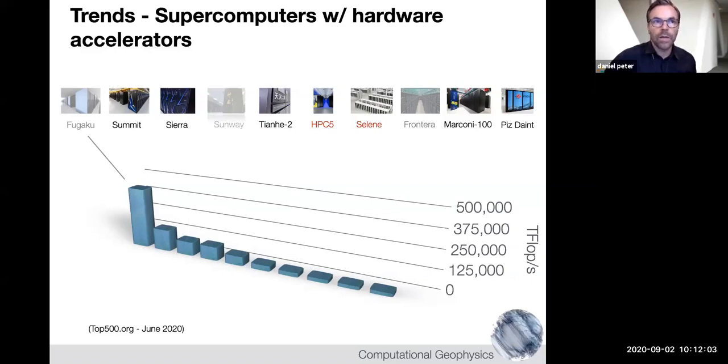And KAUST is in the phase of replacing Shaheen 2 with a new machine. And they are now evaluating what kind of system that machine should have. Should it be CPU only? Or should it have some sort of GPU accelerators in it as well, etc. So they are evaluating the systems now.